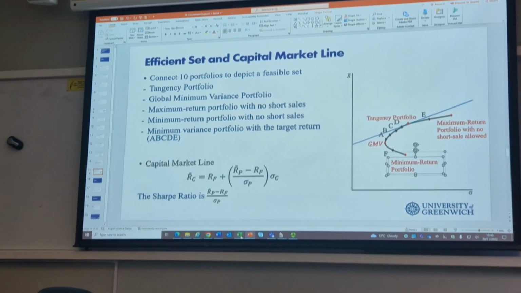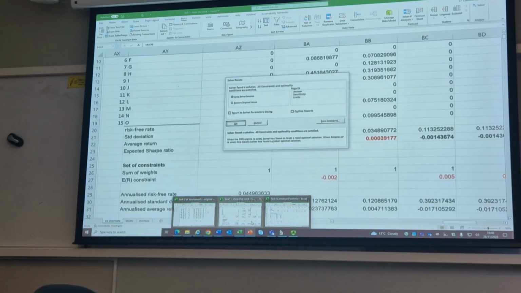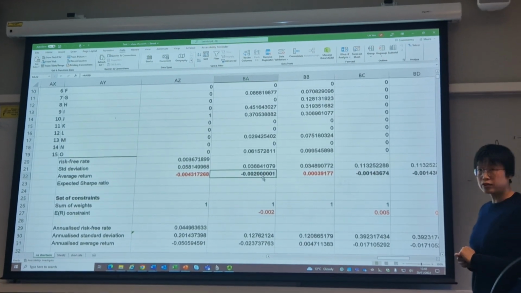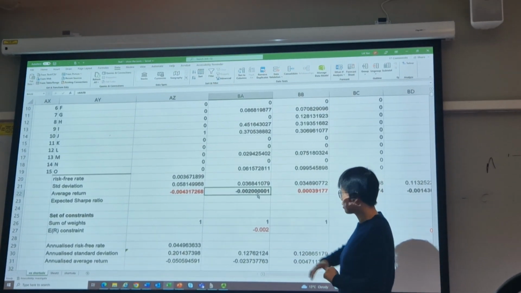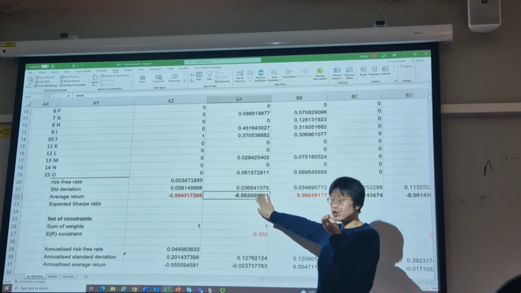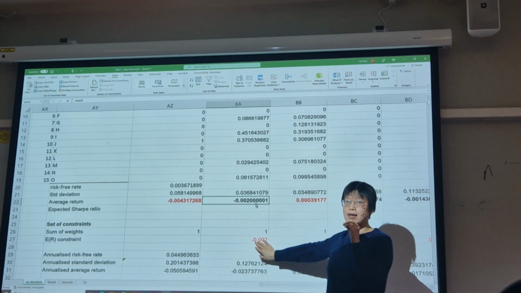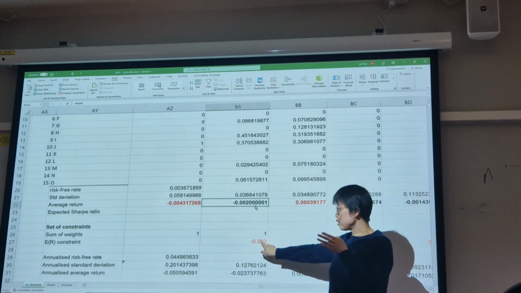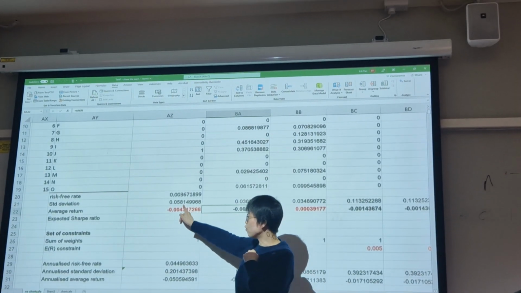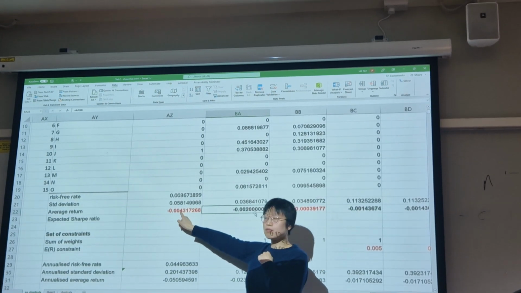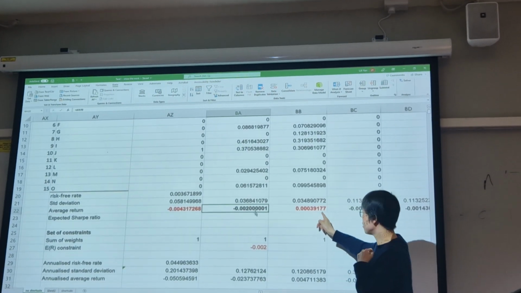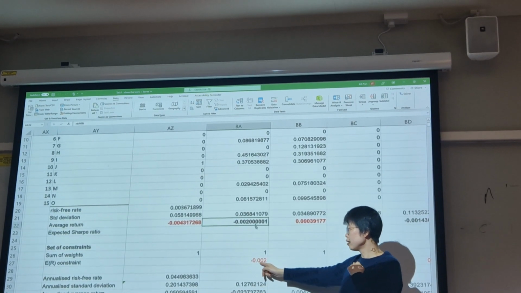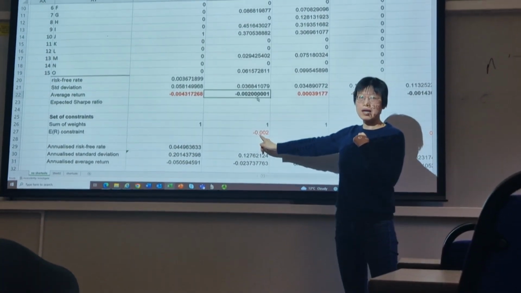So for building up this kind of portfolio, I need to set a constraint to make the return of this portfolio equal to the target return that I set. The target return that I set must be in between the return of the minimum return portfolio and the minimum variance portfolio. So I don't just set a number there.